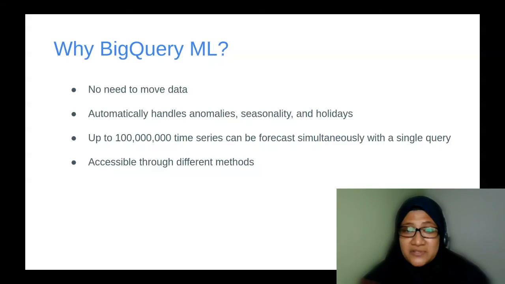Amazingly, it can also forecast up to 100 million time series simultaneously with a single query. I think that's amazing. And it's also accessible through different methods, so if you have your preferred methods, you'll be able to use it.